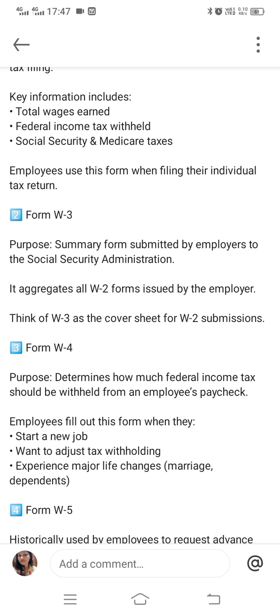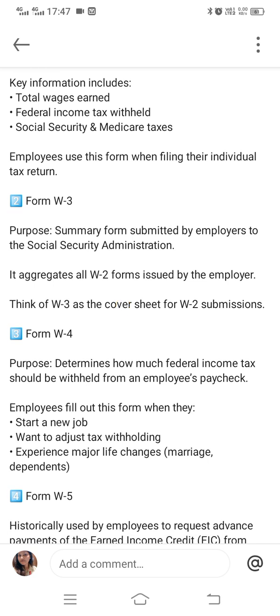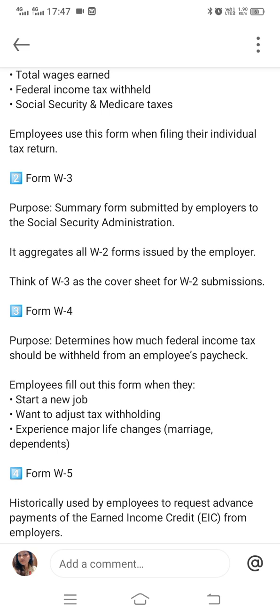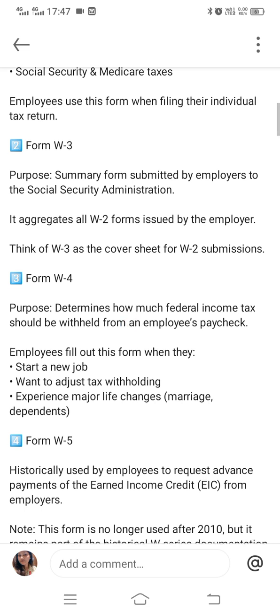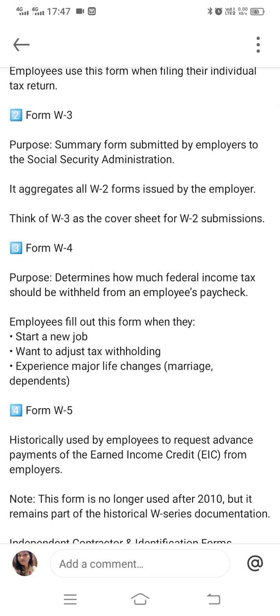First is total wages earned, then federal income tax withheld, and social security and Medicare taxes are also shown in W2. An employee uses this form when filing their individual tax return, that is 1040, and 1040-SR for senior citizens. Then form W3, and the purpose of this form is a summary form submitted by the employer to the Social Security Administration.